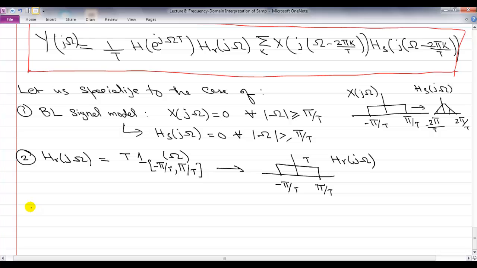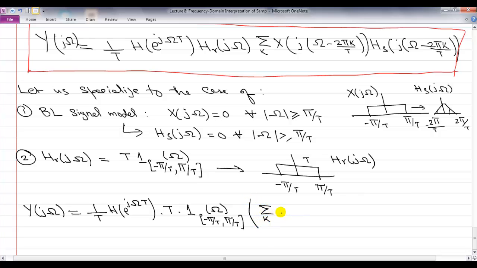So I just replaced HR(j omega) by this expression. Okay, so I get Y(j omega). I'm just looking at the boxed version, and I'm going to write that as 1 over T, H of e to the j omega T, multiplied by T times the indicator function from minus pi by T to pi by T of omega, times this whole summation of X(j omega minus 2 pi k over T) and Hs(j omega minus 2 pi k over T).